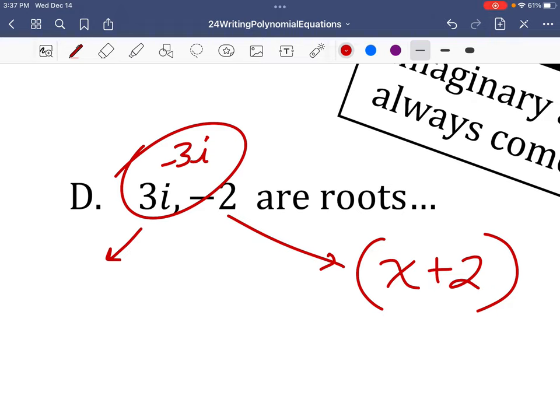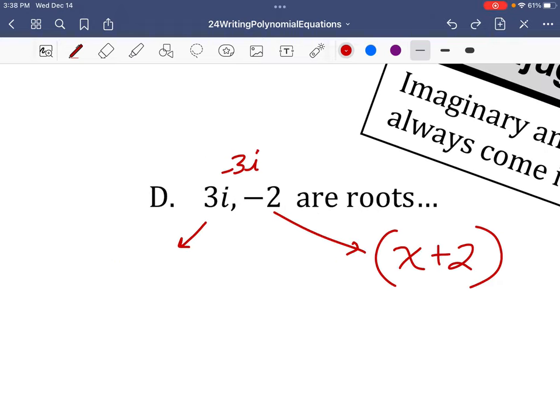Now, I don't know if that's helpful or not, but it's supposed to help you realize that any imaginary root will always come from an x squared. You see, that x squared is what's going to produce both of these answers, mainly the plus and the minus. So now, what number produces a 3i?